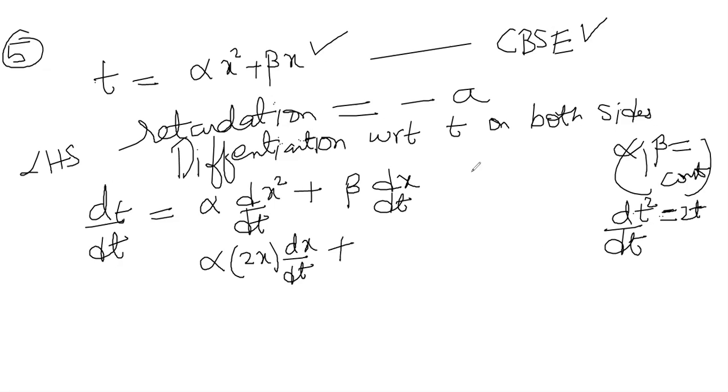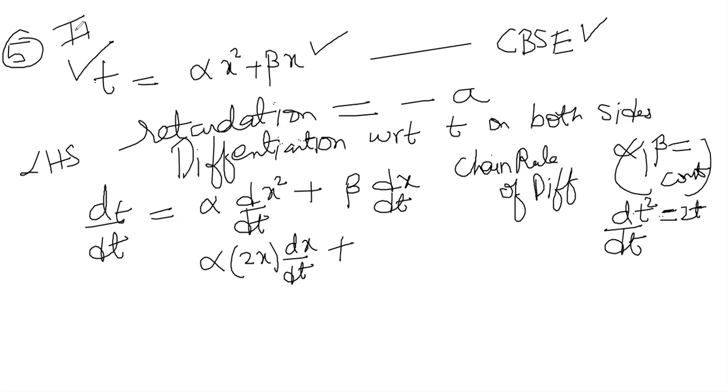This is called the chain rule of differentiation in maths. You must expect this question. It will come in IIT JEE Mains and Advanced. Very, very important question. If you don't understand, ask me 100 times, I will tell. You are doing d by dt of x square. Did you get it?